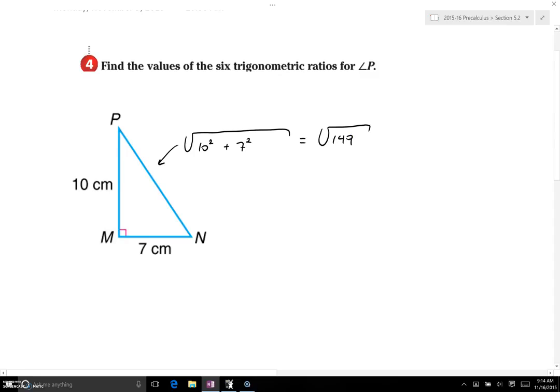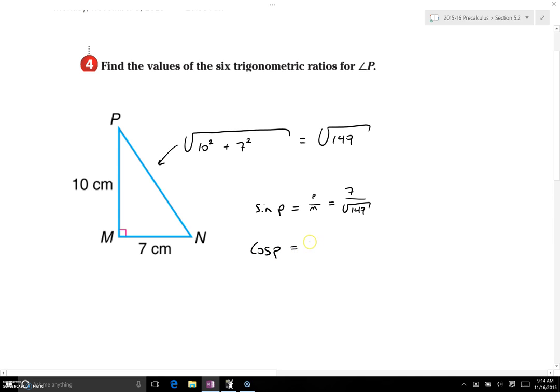And so now we can put our ratios together. So sine of P is going to be equal to the opposite over the hypotenuse. So that's going to be little p over little m. And so that's going to be 7 over the square root of 149. And cosine of P is going to be the adjacent over the hypotenuse.